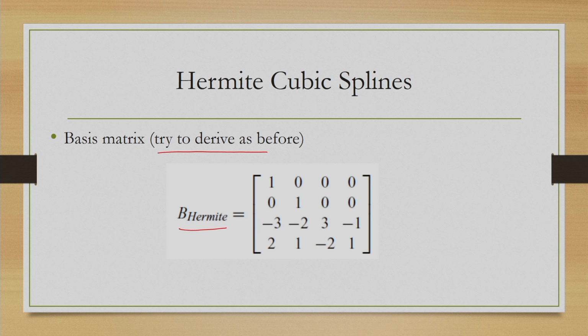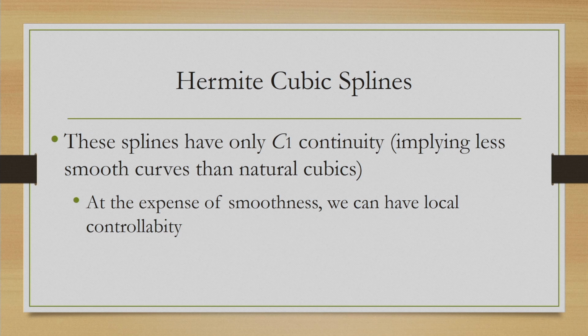the basis matrix. The matrix looks something like this, which is the representation for the Hermite cubic splines. Now, although the Hermite cubic splines support local controllability, they do not support all parametric continuity conditions.